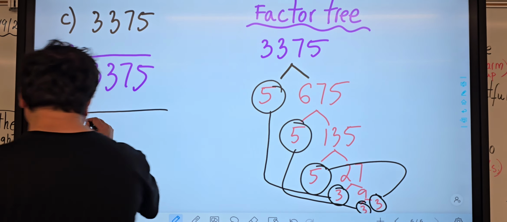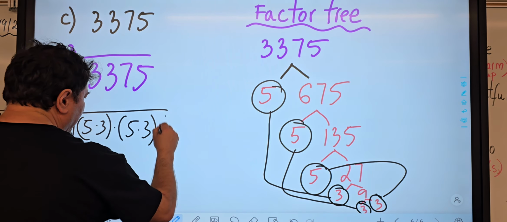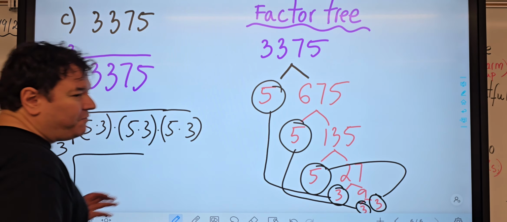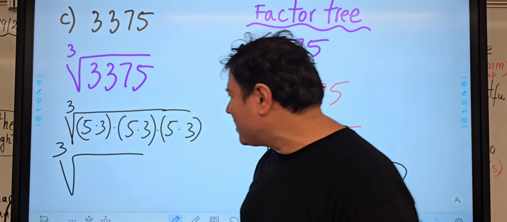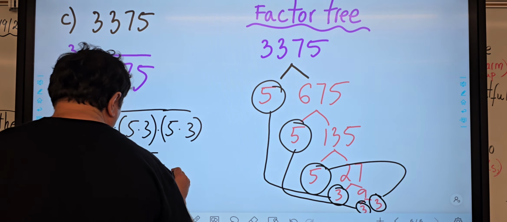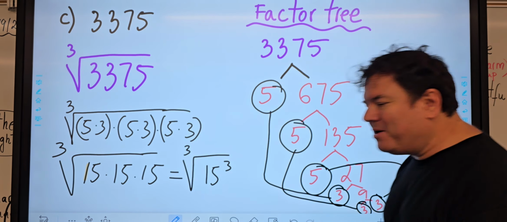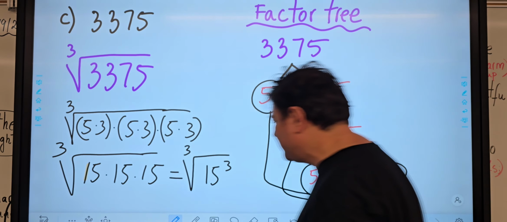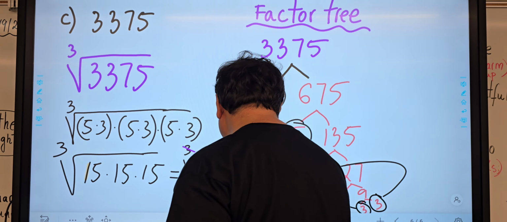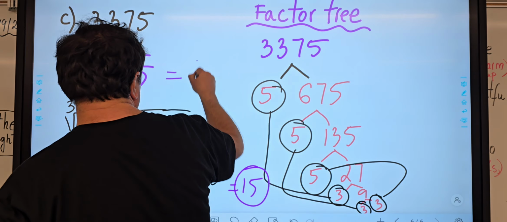So we write 5 times 3 in a group, times another 5 times 3 in a group, times another 5 times 3 in a group. 5 times 3 is 15, so this becomes the cube root of 15 times 15 times 15, or the cube root of 15 cubed. Now we can cancel the 3's, and the final answer is just 15. So the cube root of 3,375 is actually 15.